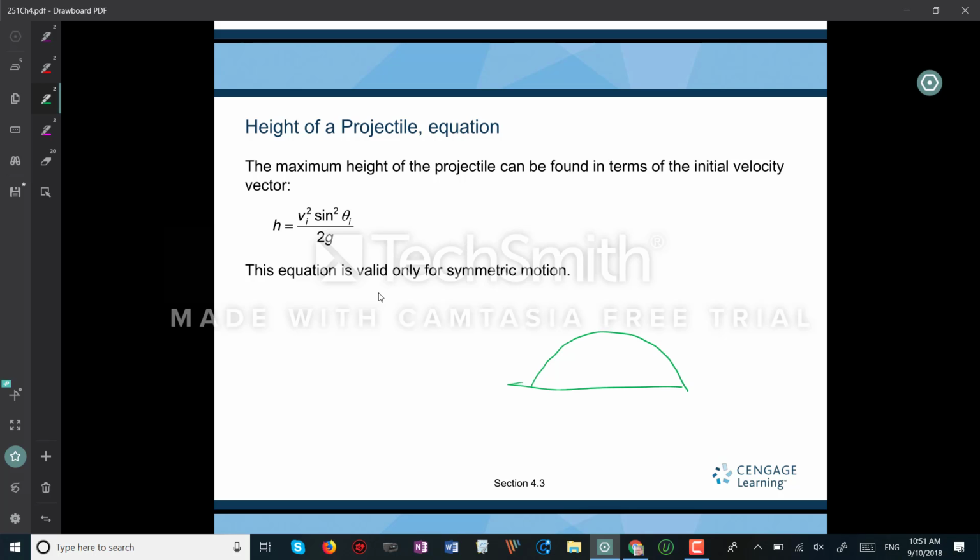I'd rather you understand how that was obtained by the components. Notice this is definitely not valid if the initial and final heights are not the same. That's another reason I don't like using this formula. It's a nice way to check your work, but it's a crutch you don't need.